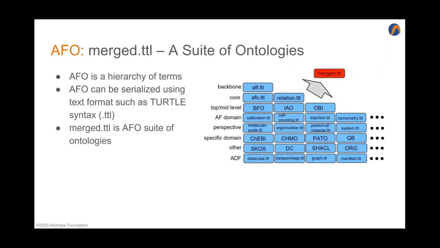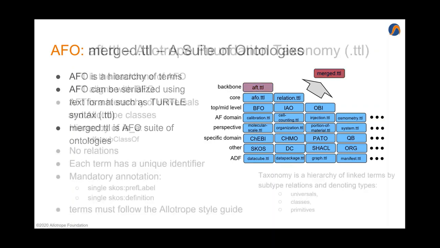So the AFO altogether is a hierarchy of terms. AFO can be serialized using the Turtle syntax, and the merge TTL is the AFO suite of ontologies. And we see here a partial list of the suite of ontologies that comprise the AFO.